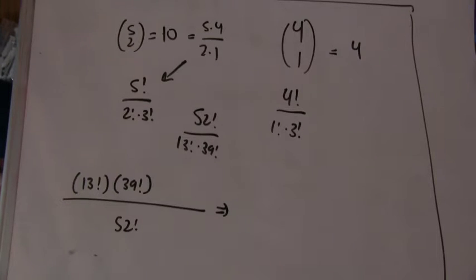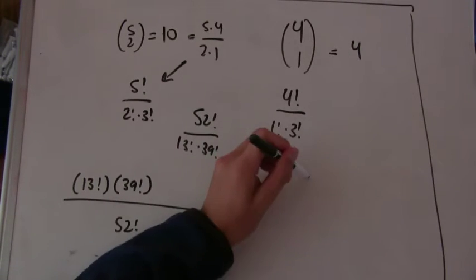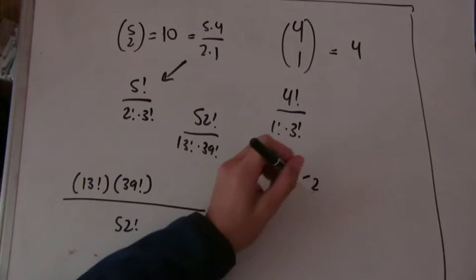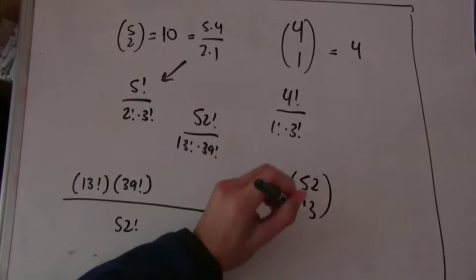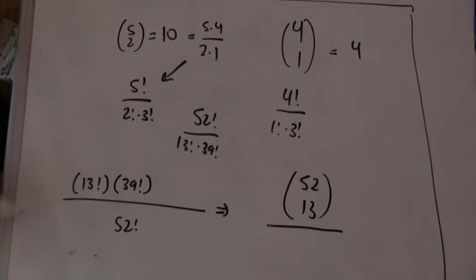52 choose 13 is the number of ways you can pick any 13 things from a set of 52. Maybe there's a simplified form of a fraction, and that's kind of our top, the number of ways to choose 13 things from a set of 52 things dealt.